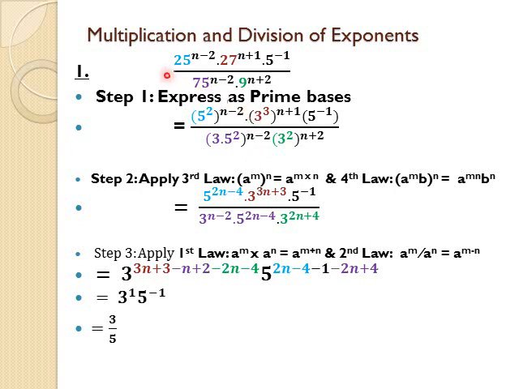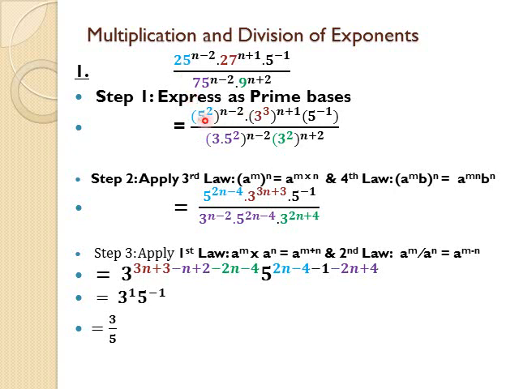Right, problem number 1. I've given you 25 to the power n minus 1, n minus 2, 27 to the power n plus 1, and 5 to the power negative 1, divided by 75 raised to n minus 2, 9 to the power n plus 2. So step 1, you'll always have to express all of this as prime bases, meaning we only have prime numbers.